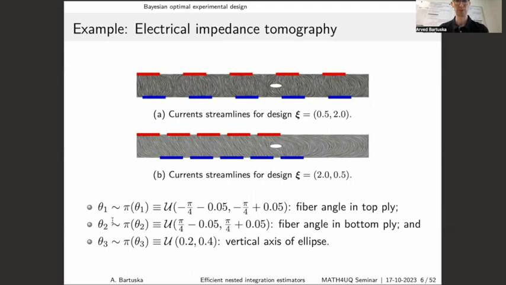Theta 2 is the fiber angle in the bottom ply, and theta 3 is now the vertical axis of this ellipse. These we assume are given by some uniform distribution, and then we can solve the Bayesian inverse problem after observing data measurements and obtain a posterior distribution.